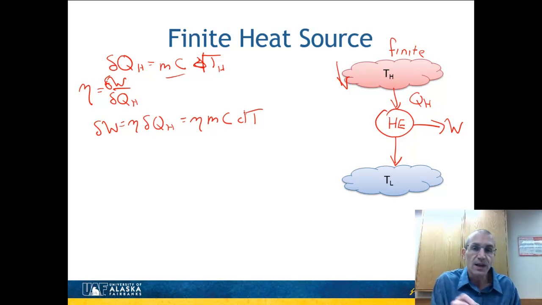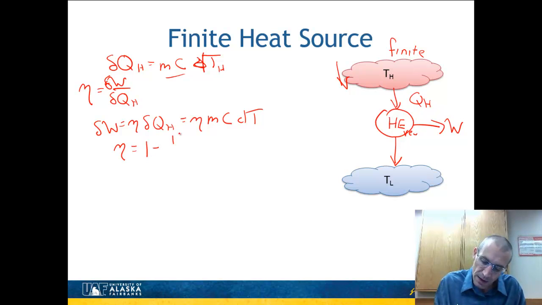Now, the maximum efficiency of a heat engine would be a reversible heat engine, where the efficiency would be equal to 1 minus TL over TH. And so I'm going to put that in for my efficiency up here. And so now I've got del W is equal to 1 minus TL over T, times mc dT.